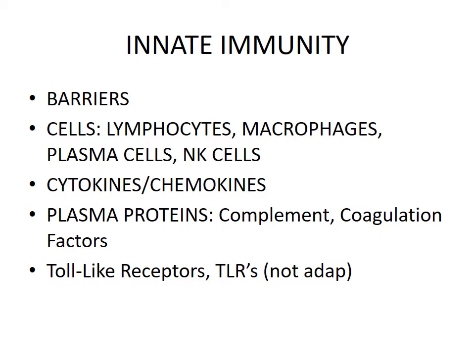Plasma proteins, the complement system and the coagulation factors, also play their role in activation of the immune system. Toll-like receptors, TLRs, are receptors present on our cells since birth, and they release certain cytokines when activated on exposure to certain viruses and pathogens, and those cytokines then result in killing of the pathogenic factors that enter into the body.